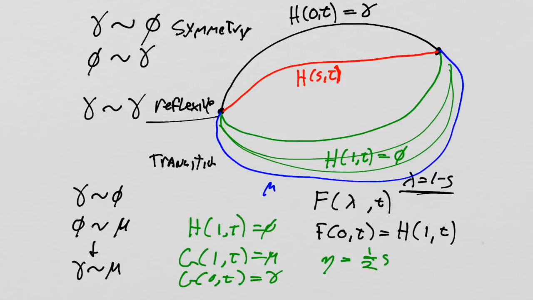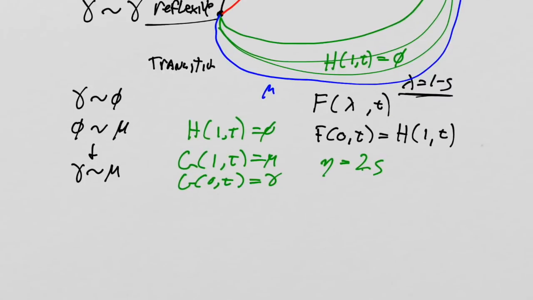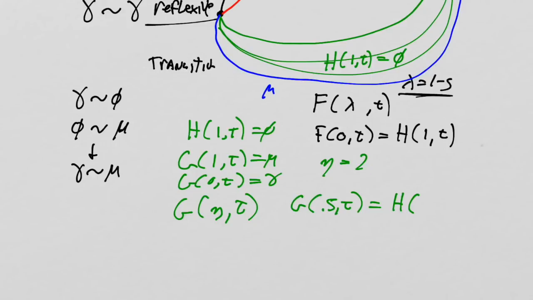No, I think it's wrong. I think eta equals 2S, right? If eta equals 2S, then when S equals 1, eta equals 1/2. So I can write G of eta and t, and now when I get G of 0.5 and t, that's going to equal H of... oh, no. I was right the first time.